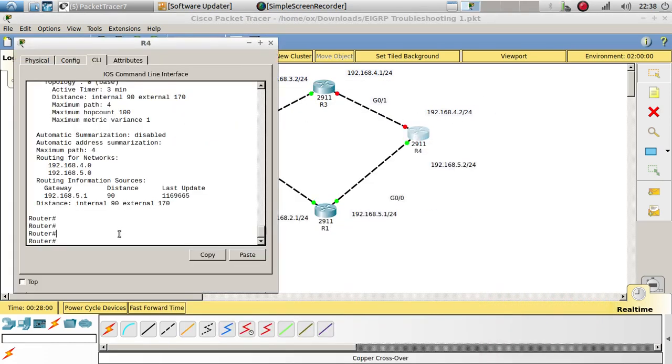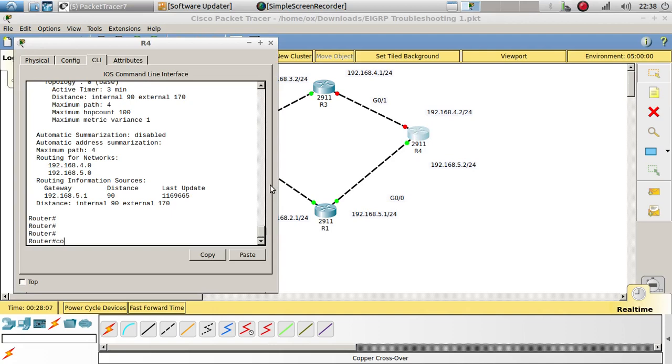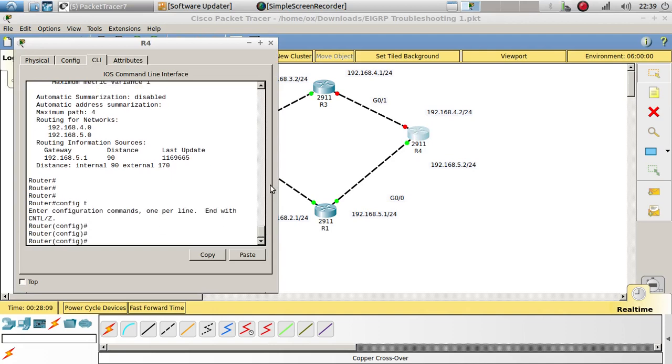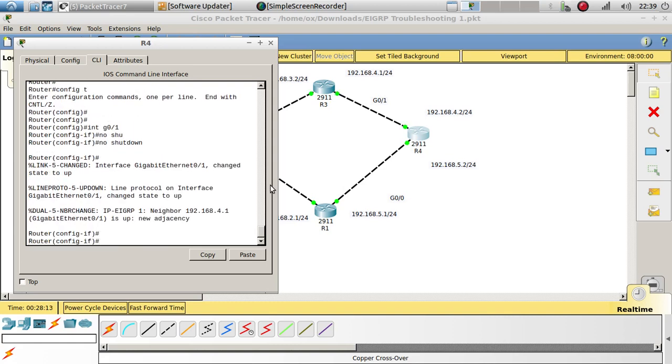Let's go ahead to router 4 and let's do a config T, interface gigabit 0/1, no shutdown. Okay, so we have also created a neighbor relationship with router 3.